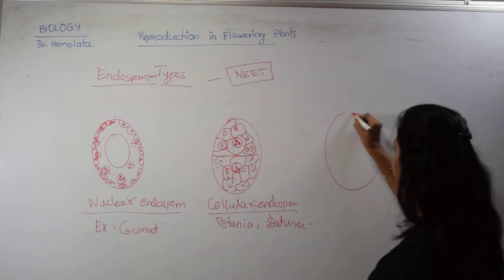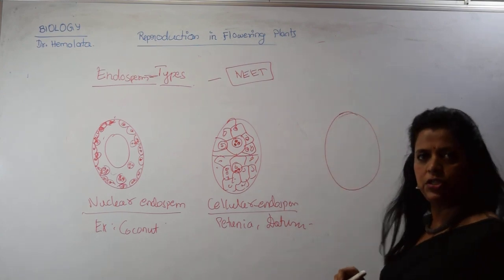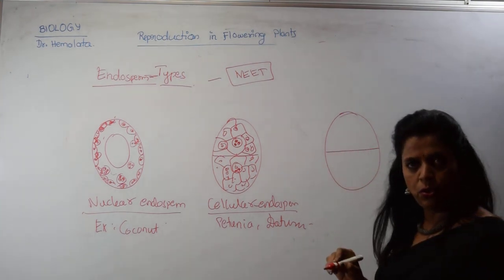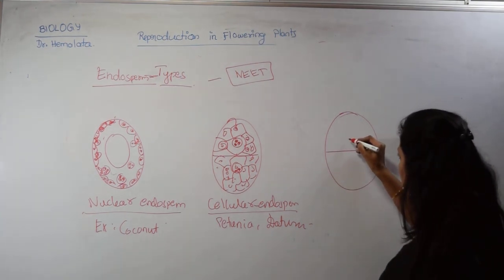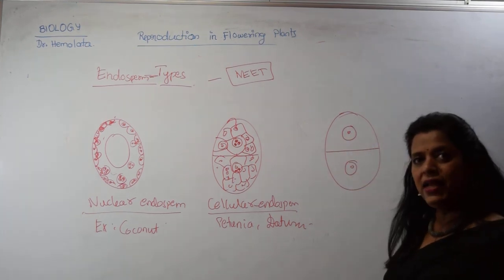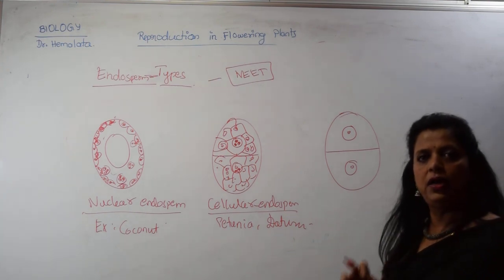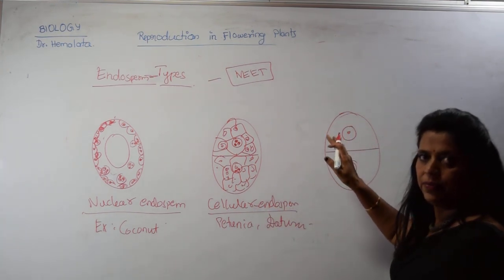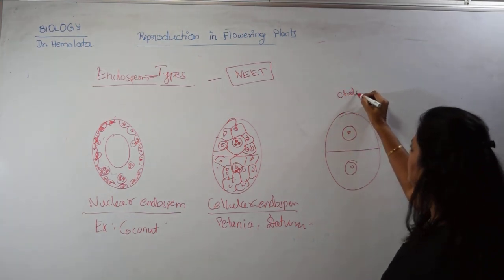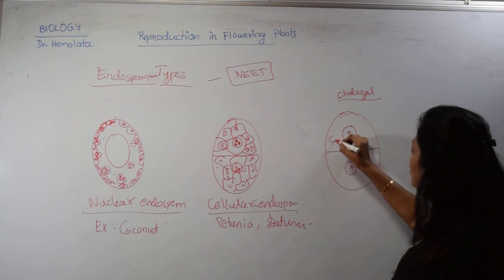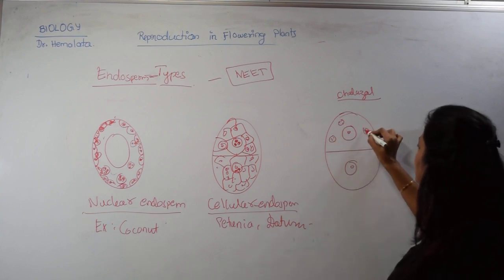In this, you can see here, this is the embryo sac. The primary endosperm divides into two, nuclear divisions followed by cell wall formation. So initially it is like a cellular type of endosperm, but later this side, the chalazal end, they stop division. This acts like a haustorium, and all these triploid nuclei will be freely floating here.